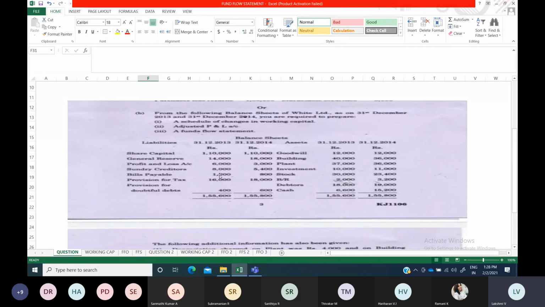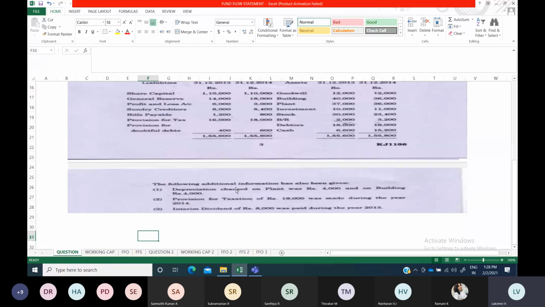And one more thing, you have to prepare a separate account whenever additional information is given to you about the year: either provision for taxation made during the year, or tax paid during the year.